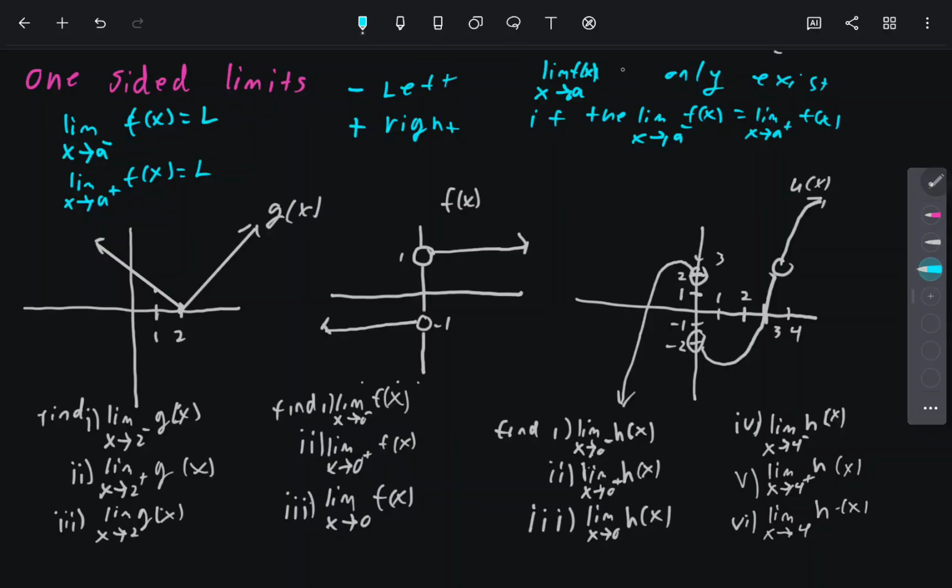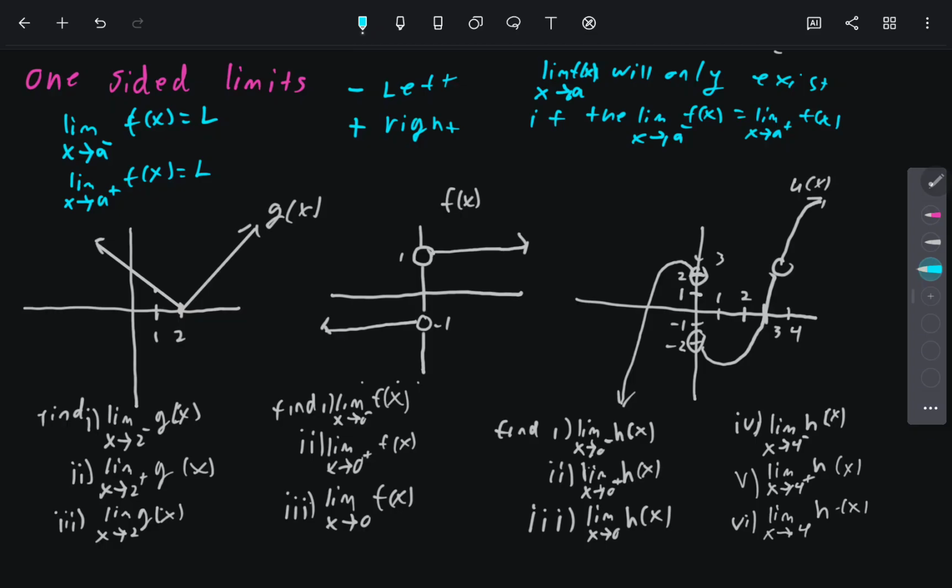And this really is the basic idea of a limit. We want to know what happens whenever it's approaching a certain point. Sometimes we may want to know from the left or sometimes from the right, but we want to know what's happening near this point, not at this point.